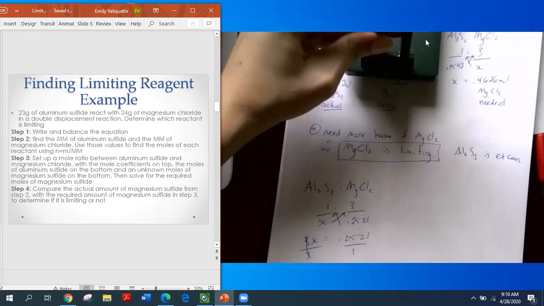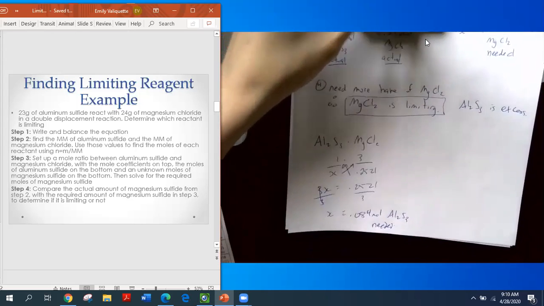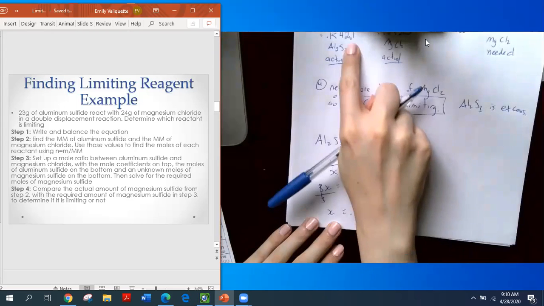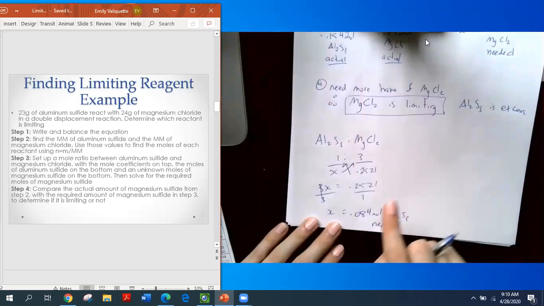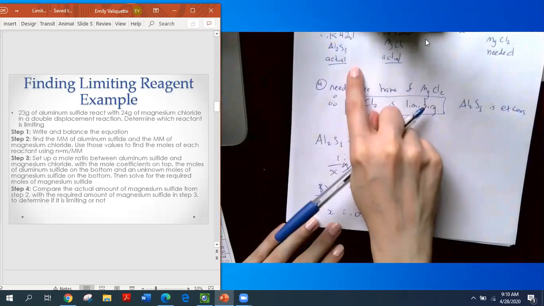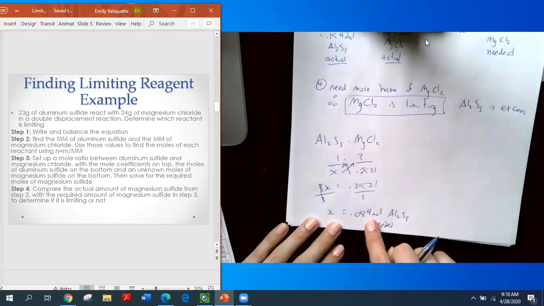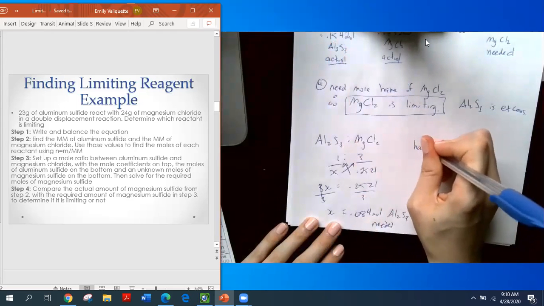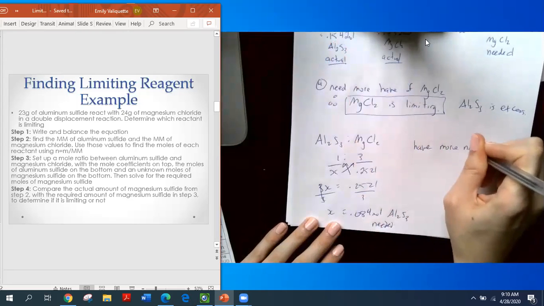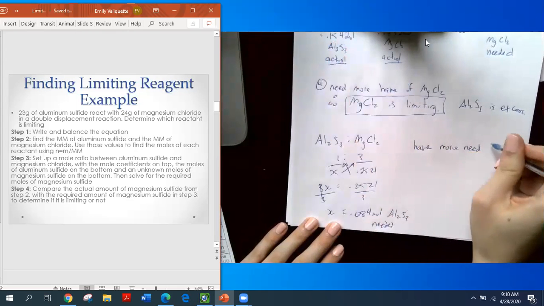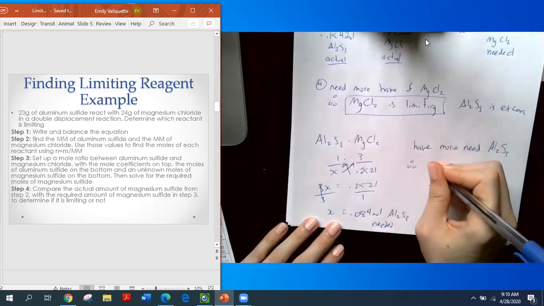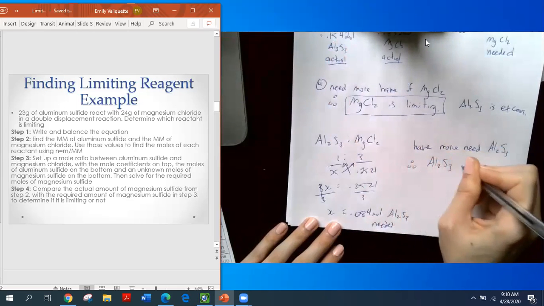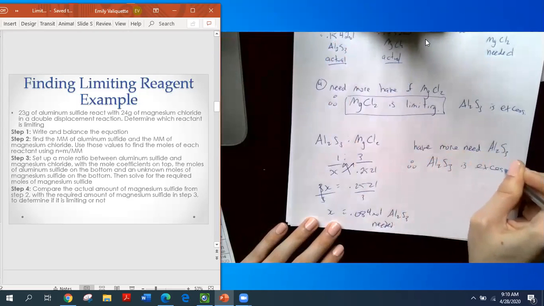Now, as you can see, if that were the case, I have 0.15. If I only need 0.08, I have more than I need. If you have more than you need of your aluminum sulfide, that means that the aluminum sulfide is in excess.